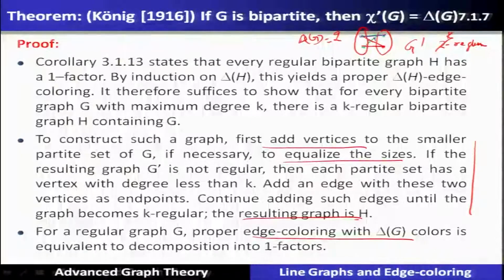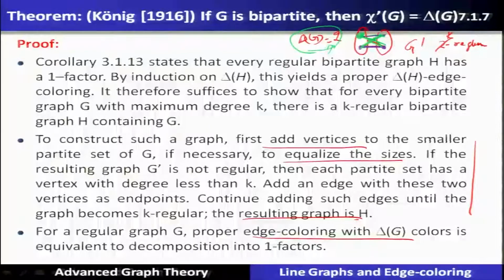The other two edges will require the same color, and the remaining edges require another color, so here we use green. Every vertex then has incident edges of different colors, and big delta G colors are required.